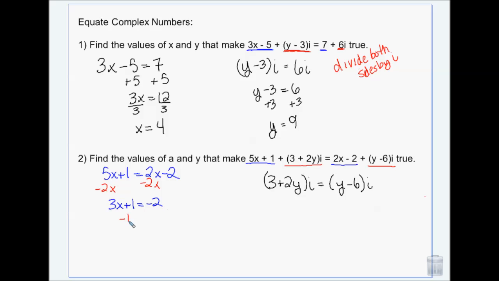I'll subtract 1 from both sides, which will give me 3x equals negative 3. Divide both sides by 3. X equals negative 1.